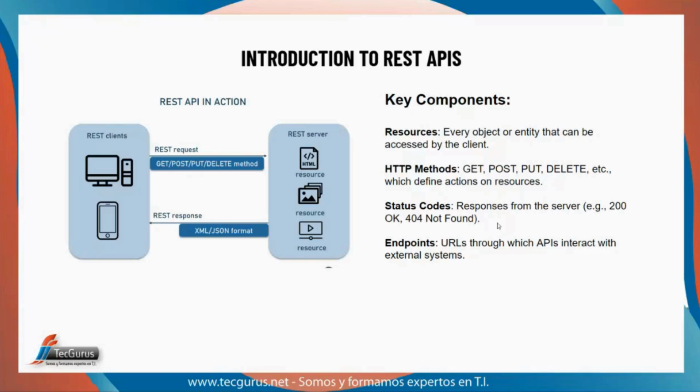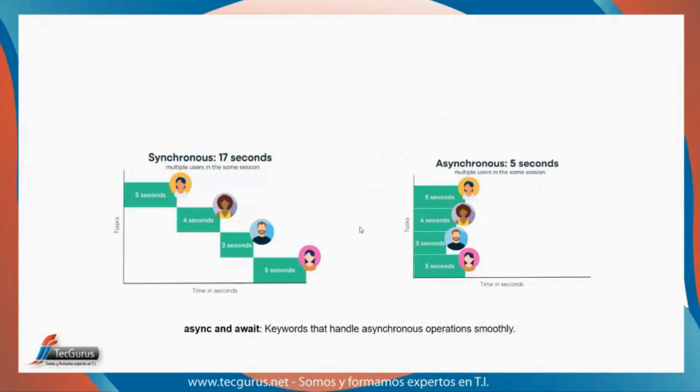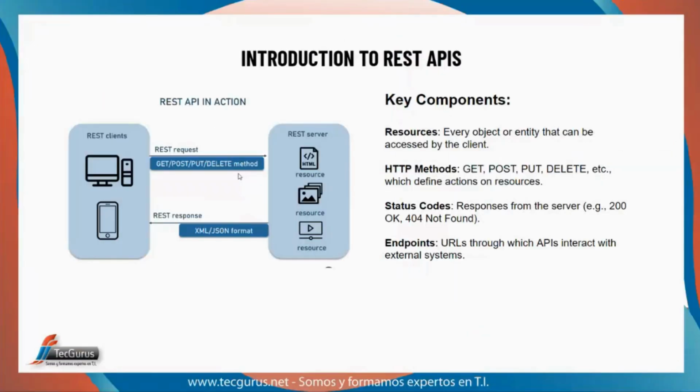These are the status codes, which generally start with 200. 200 means okay, this is your order, you can get it. 404 means it's not available. 500 means there is some kind of error that occurred on the server side. So these kinds of status codes are there, and endpoints are the things which we have discussed, and URLs.